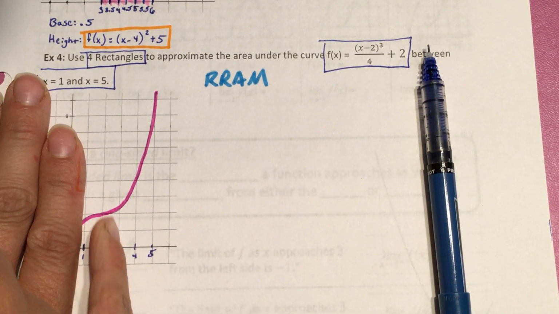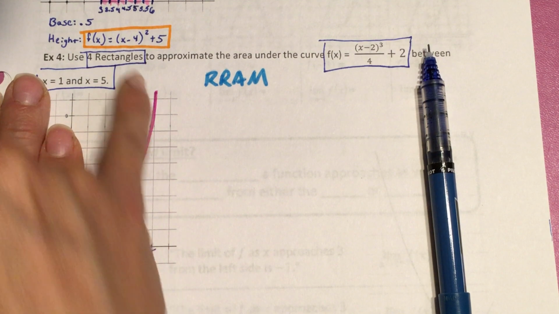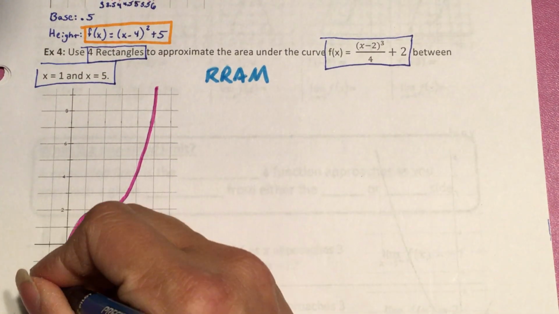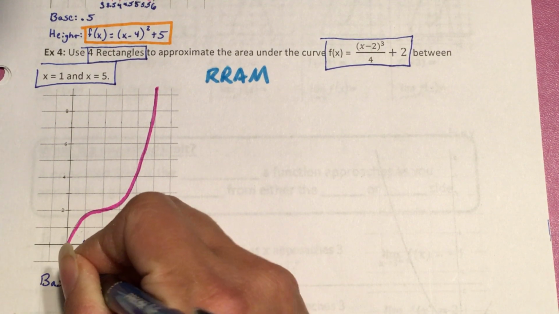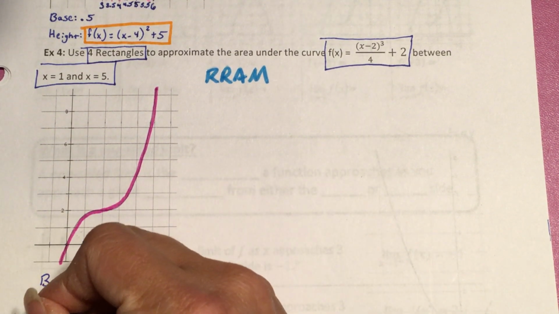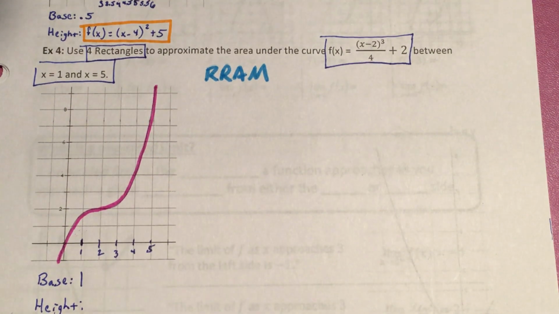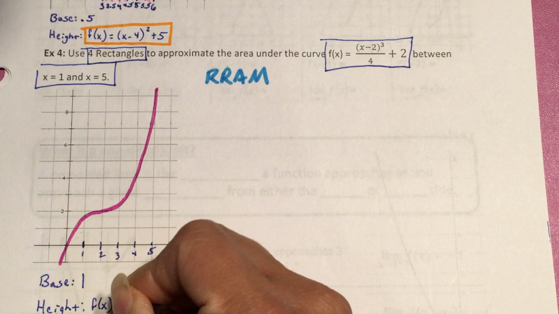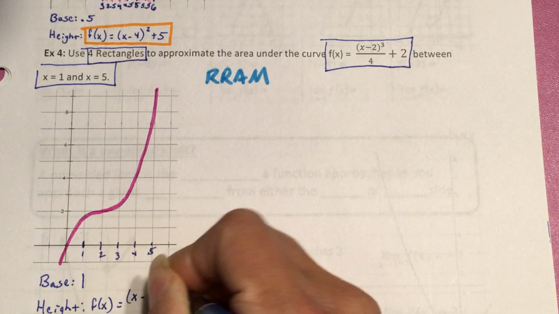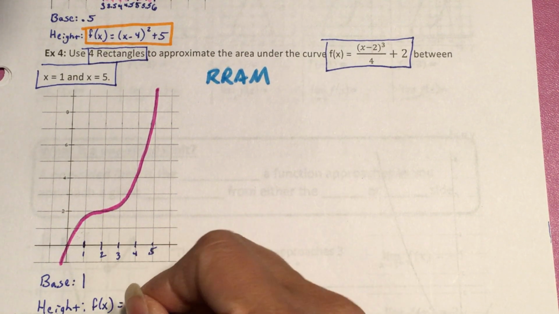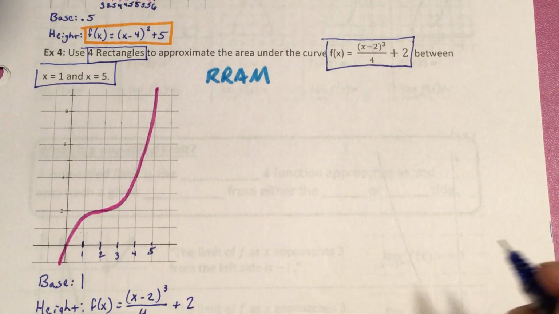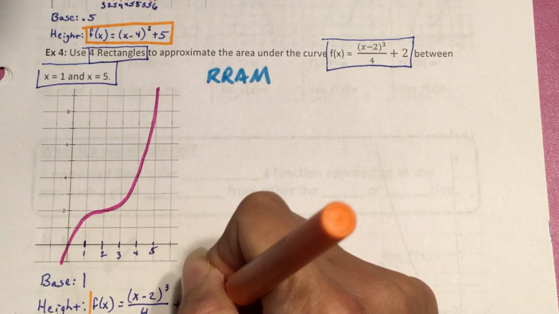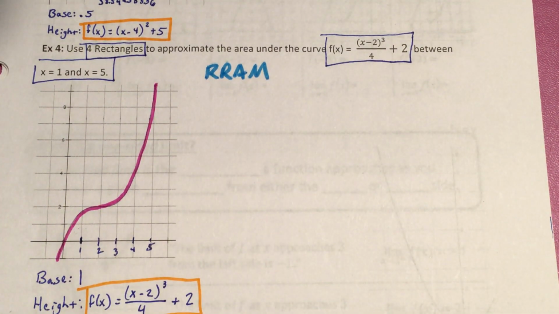We would have 1, 2, 3, 4 rectangles. Sweet, that's exactly what we need. So that means our base for each of those rectangles will just be 1. And the height is going to come from our function, f of x equals (x minus 2) cubed over 4 plus 2. So go ahead and type that equation into your calculator.